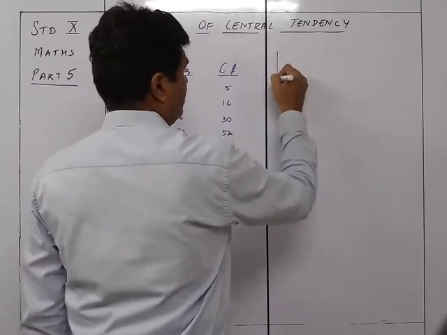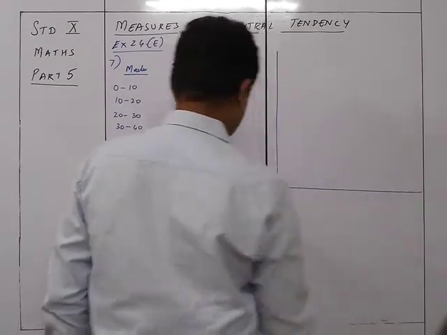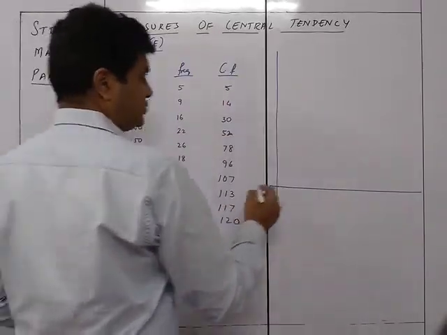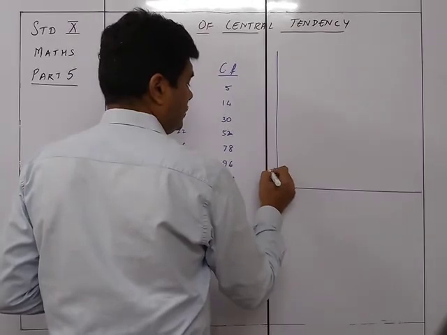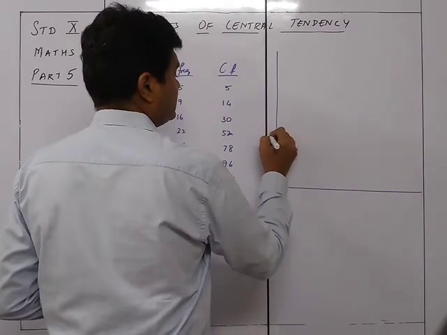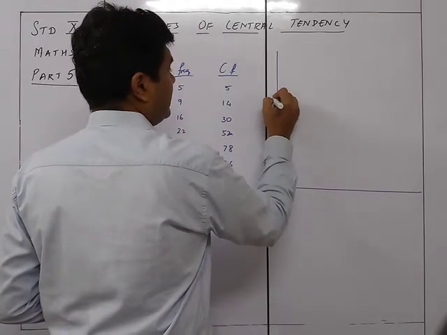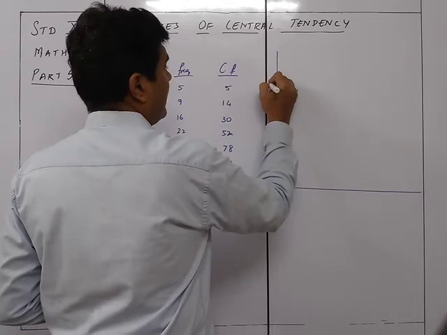So over here we have the graph. This goes to 120 and this is 100. So this will be again 10, 20, 30, 40, 50, 60, 70, 80, 90, 100, 110, 120.